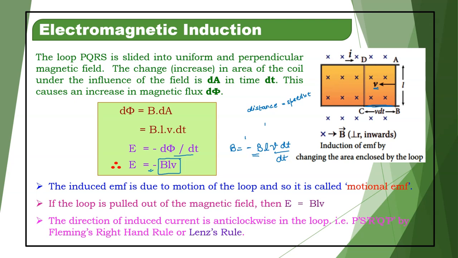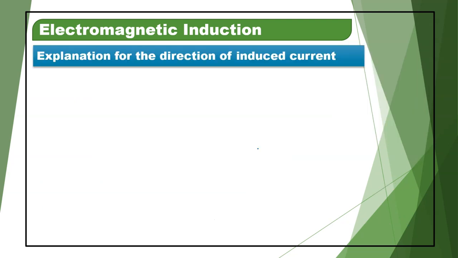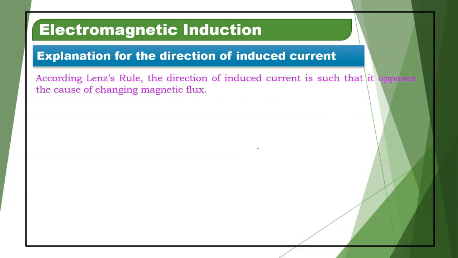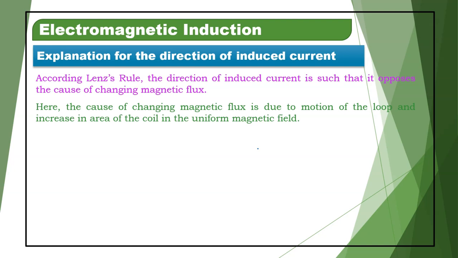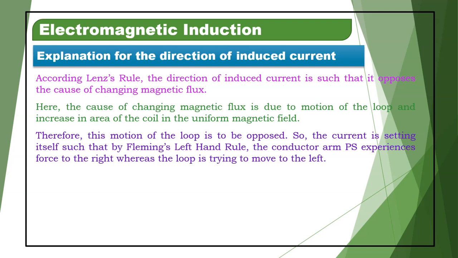This is actually Lenz's rule, the explanation for the direction of induced current. According to Lenz's rule, the direction of induced current is such that it opposes the cause of changing magnetic flux. Here, the cause of changing magnetic flux is the motion of the loop, an increase in the area of the coil in the uniform magnetic field.